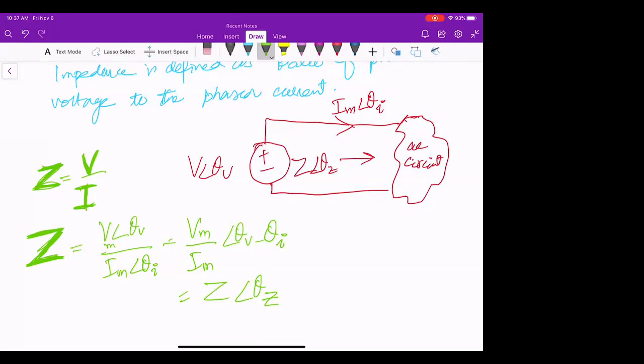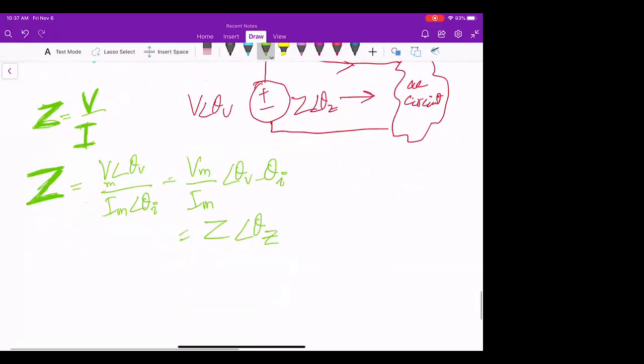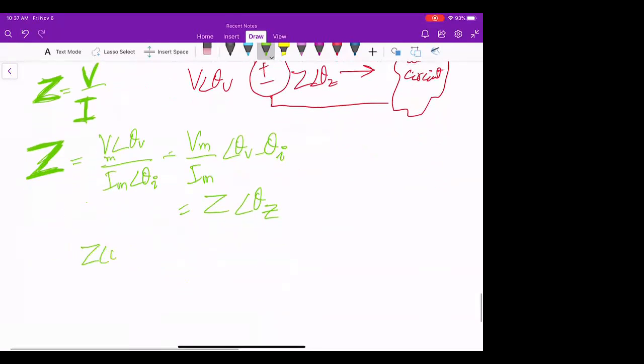As our impedances are dependent on frequency, we can also write it like that. We know that resistance is not dependent on the frequency, but the overall impedance is a function of omega.